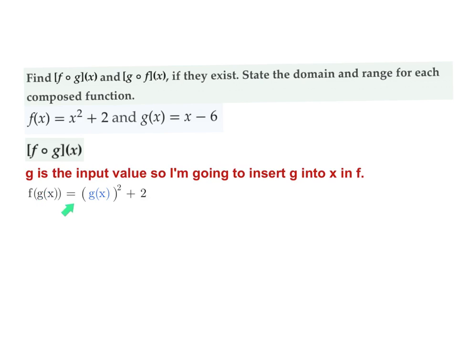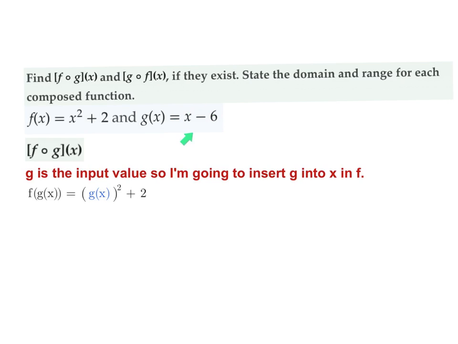Here's f of g of x. So this is x squared plus 2. Right? That's what f is. My input value is g of x. So instead of inserting 2 like I did in the original easy problem, we're inserting this entire other function. And as you already told me, g of x equals x minus 6.